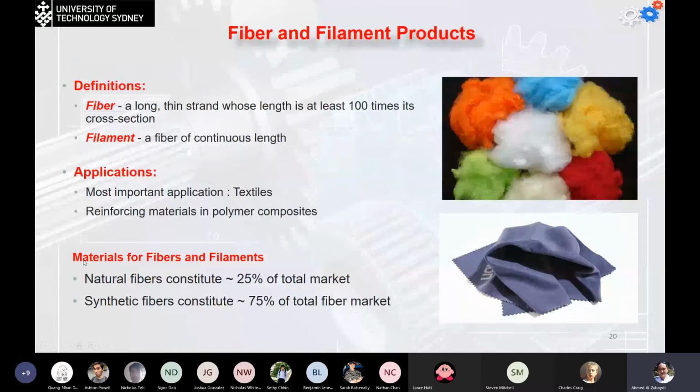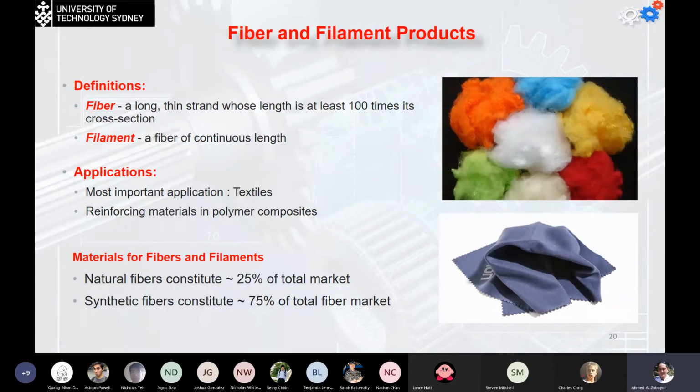Now, another important product is the fiber and filament products. You have it everywhere, in the textile of your chair, your clothes. Even when they call it cotton, actually, most of it is not natural cotton.